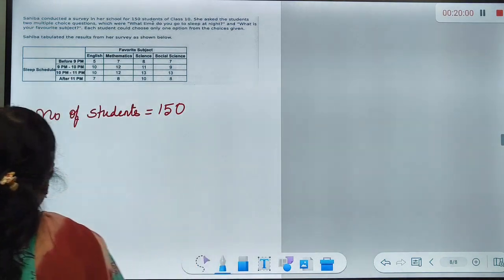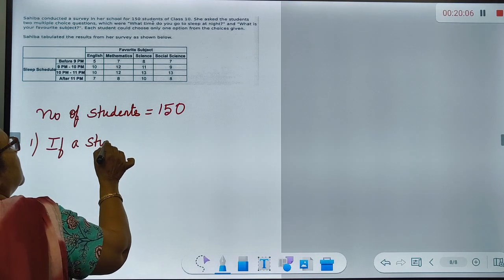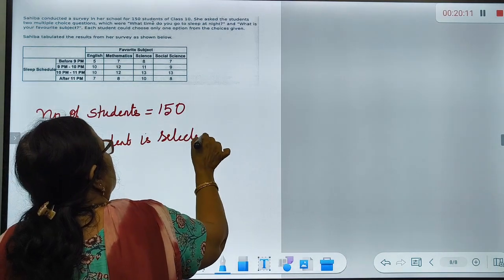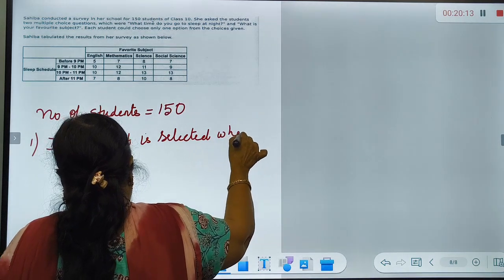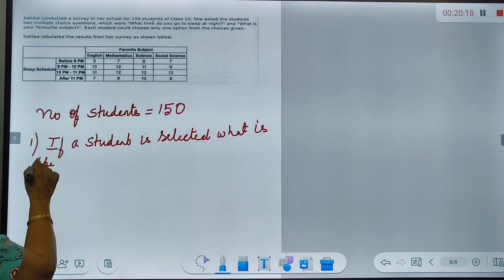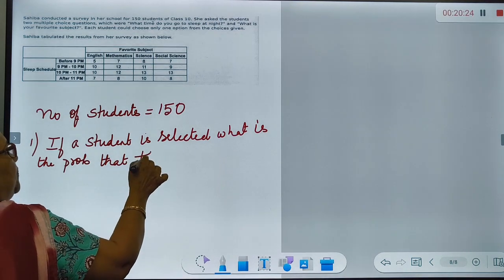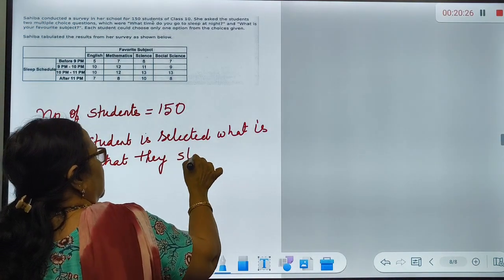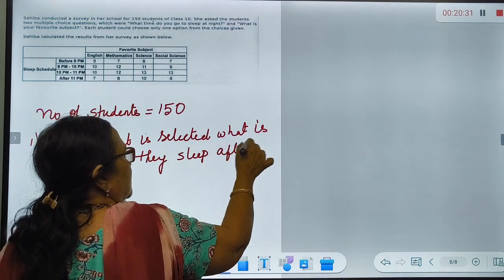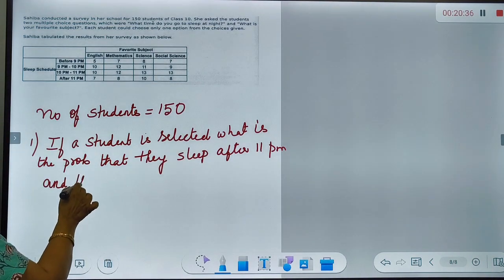The first question: if a student is randomly selected, what is the probability that they sleep after 11 p.m. and their favorite subject is not social science.